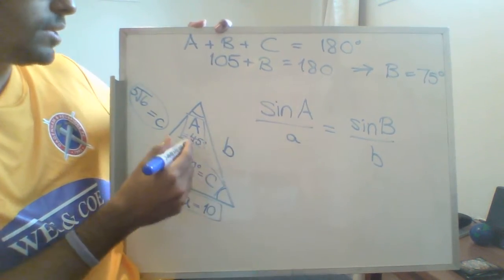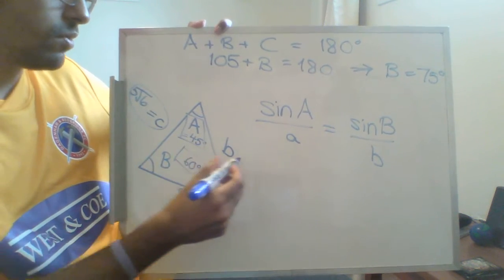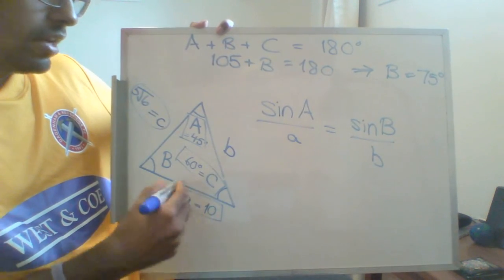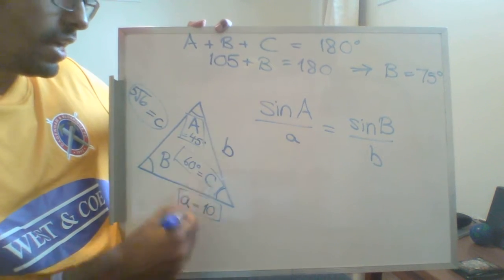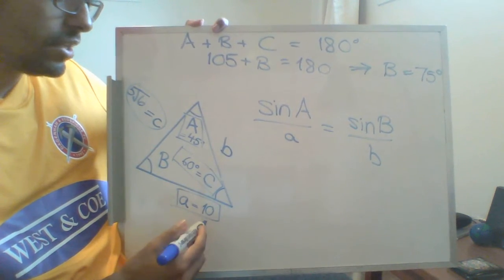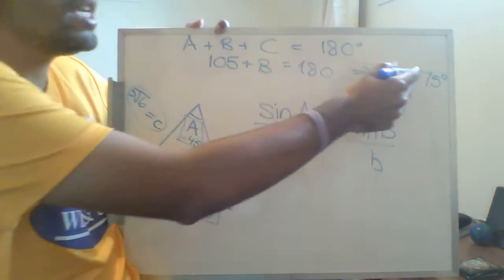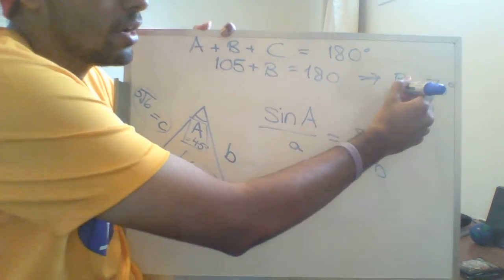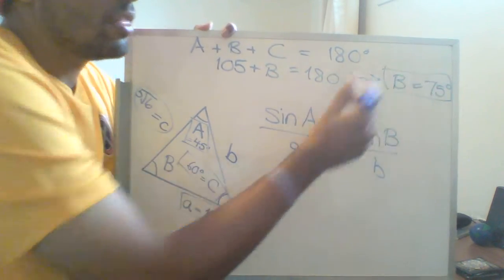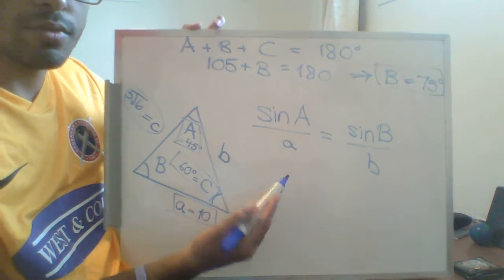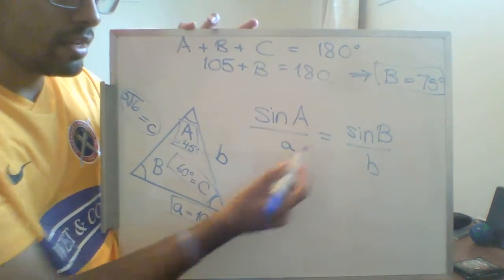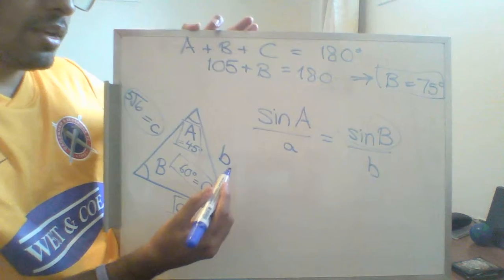Sine A is going to be the same thing that it was before, which is 1 over root 2, and side A is 10 centimeters or 10 units or whatever. And then sine B you could calculate with a calculator because you know the value of the angle, so you just need to do sine of that number, and it'll give you this quantity right here.